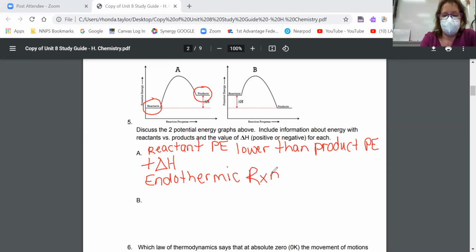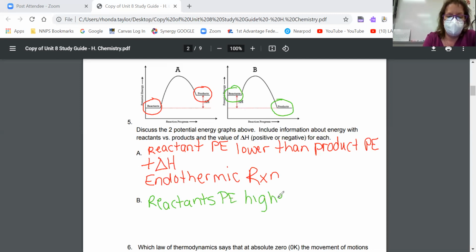Okay, versus, let's compare this to our other reaction graph here. Look how the reactants are higher than the products. So reactants potential energy higher than product potential energy.